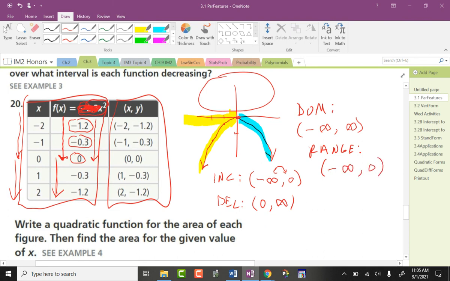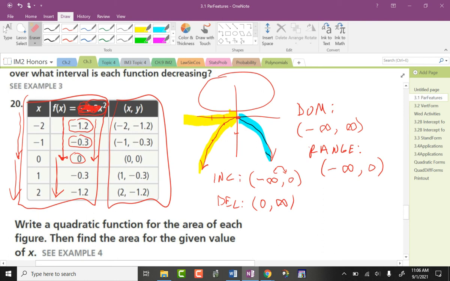You got to put it in number line order. Negative infinity to 0 are the y values that are covered. Here are the y values that are actually covered. These y values, the graph exists there. Those y values exist on the chart, but it must be negative infinity to 0, not switched.